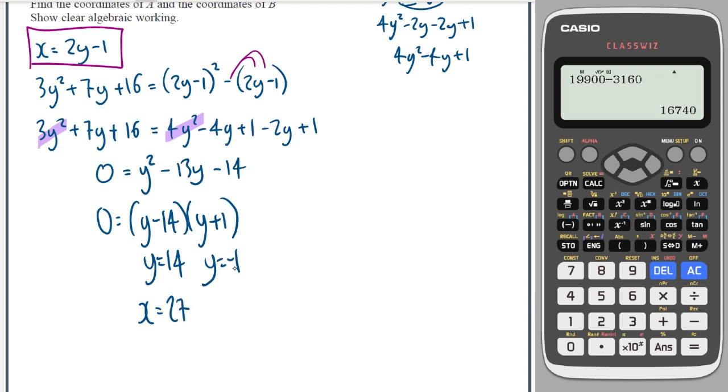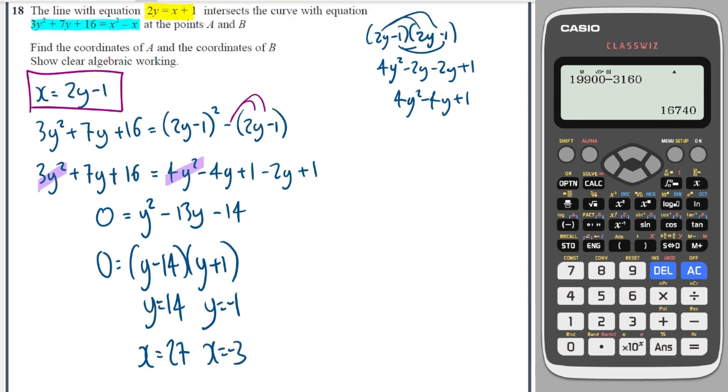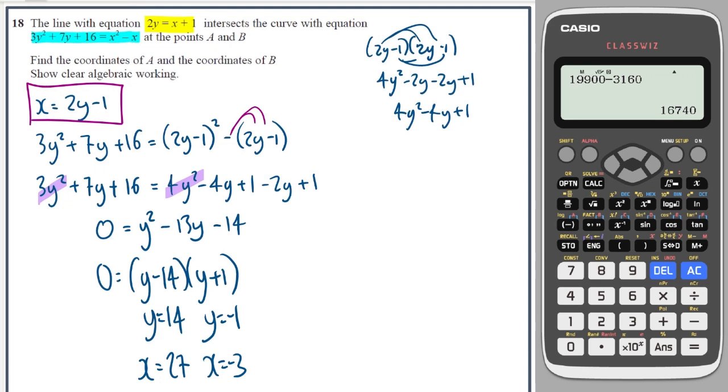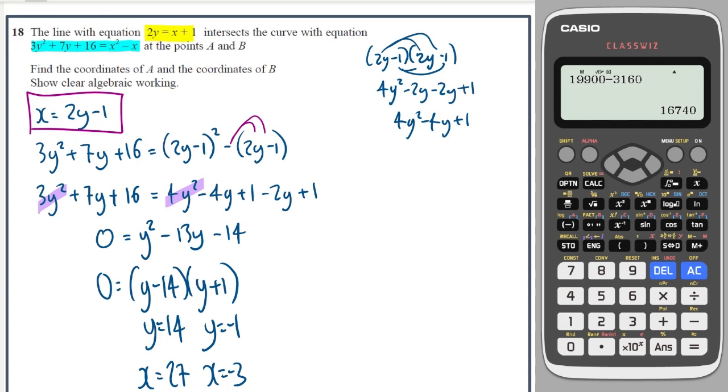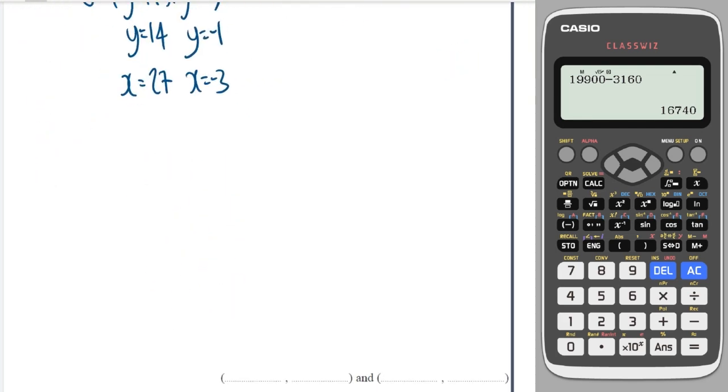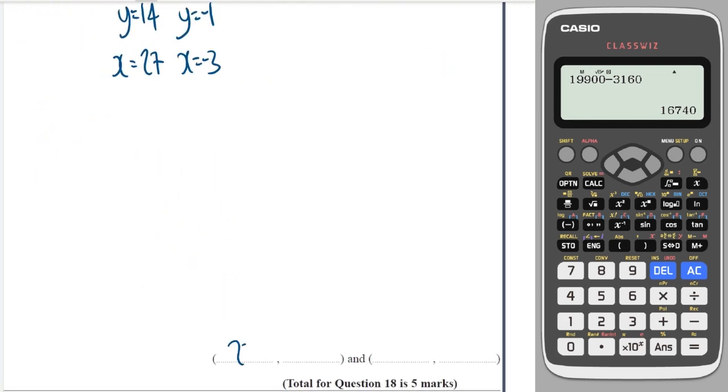Double the y to make minus 2, minus 1 is minus 3. So those are the coordinates. It doesn't specify which is which, so we are good. Just write them in here because it asks you for the coordinates, so 27, 14, and minus 3, minus 1.